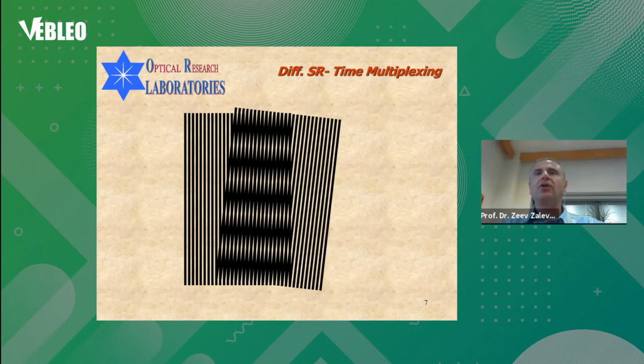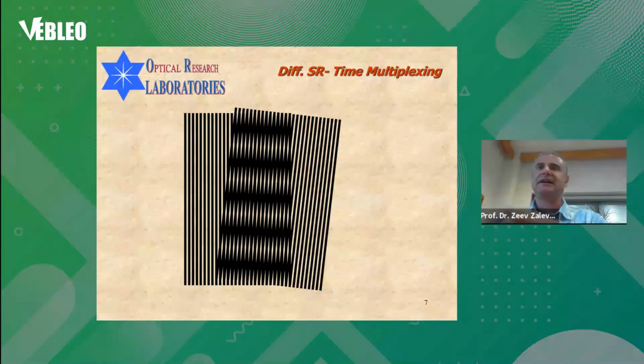We sum all those decoded images, and the result is a super resolved image almost identical to the original high resolution object. And why is it called time multiplexing? Because we paid with time. We used the time domain because we captured many images in time in order to perform this encoding decoding process that led to the super resolution result.